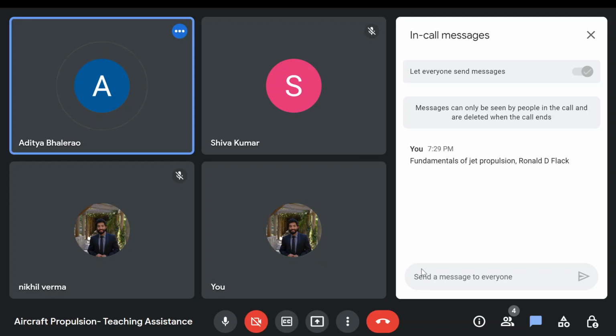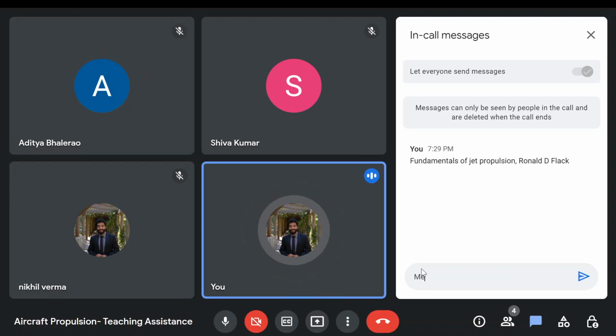Another one is Mechanics and Thermodynamics of Propulsion by Hill and Peterson.